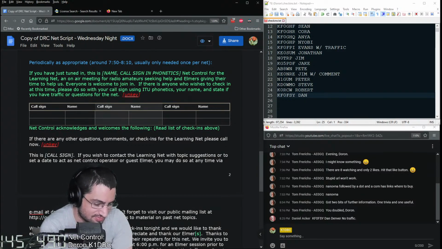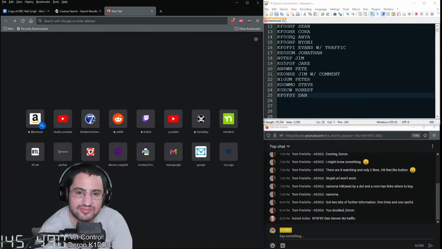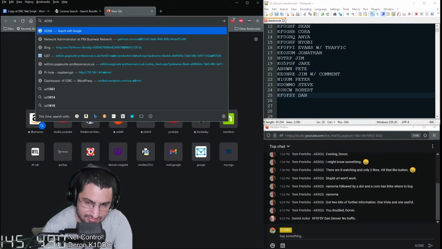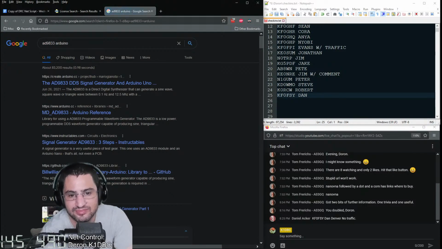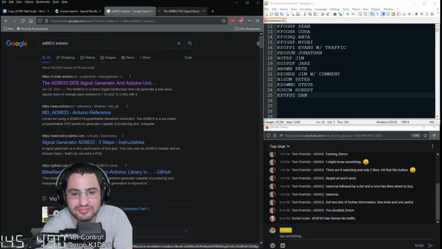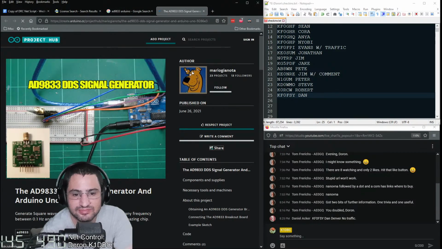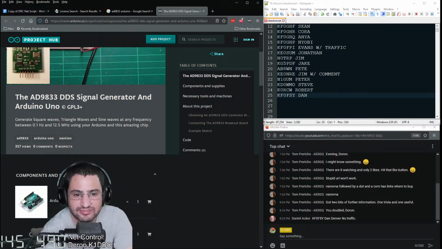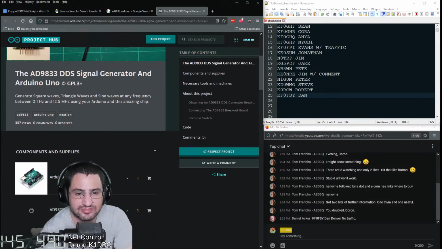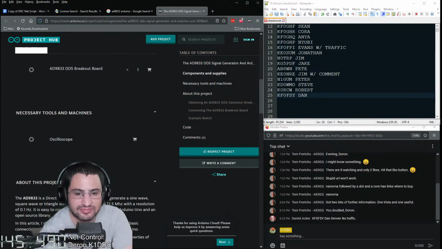Looks like an article using the AD9833 signal generator, which is just an integrated package chip from Analog Devices, and you basically just use an Arduino to write serial commands to it. And the libraries for those usually aren't terribly complicated.